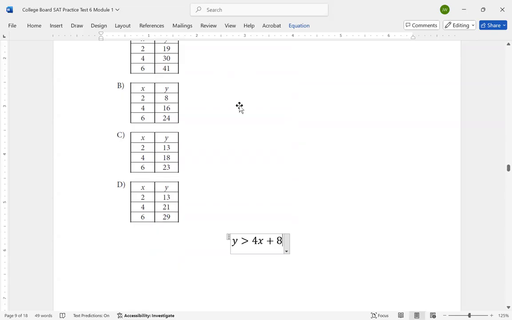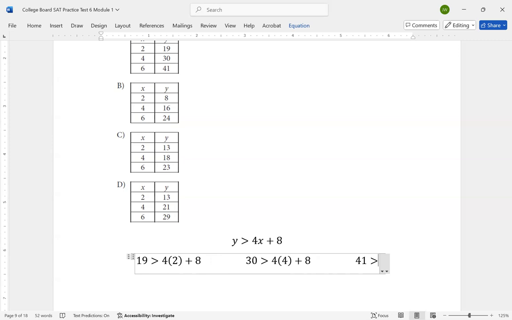So for part A, the three that we're going to check are 19 in for y, 2 in for x, then 30 in for y and 4 in for x, and then lastly, 41 in for y and 6 in for x.